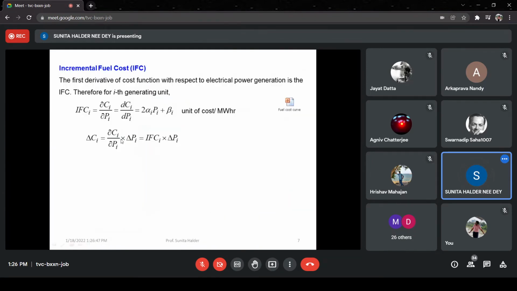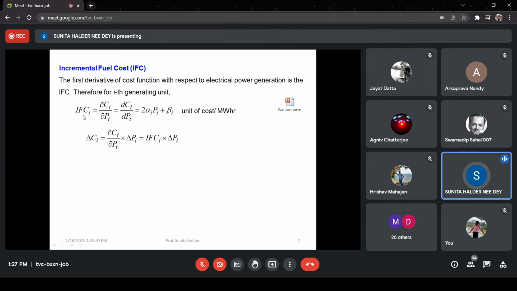As we have represented the cost function as a function of P only, del C_i by del P_i we can write as dC_i by dP_i. But if there are some other factors, like valve opening, then the cost function will be a function of those parameters also. Those we have not considered here. That's why the partial derivative symbols are there.